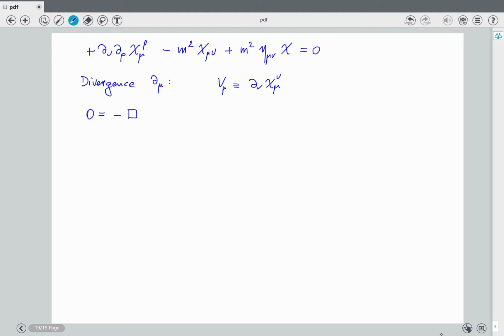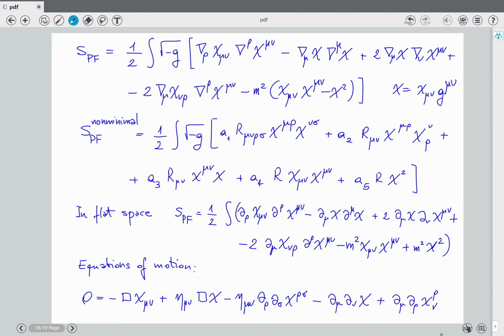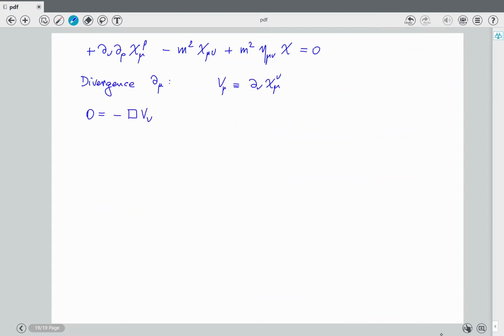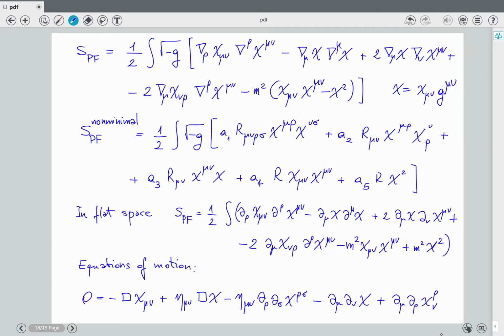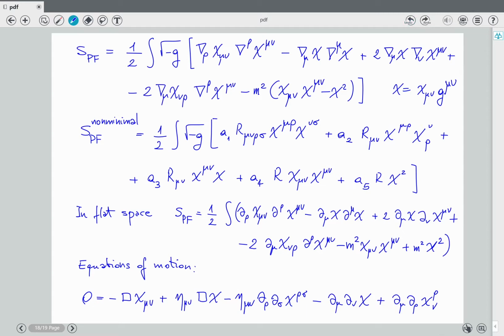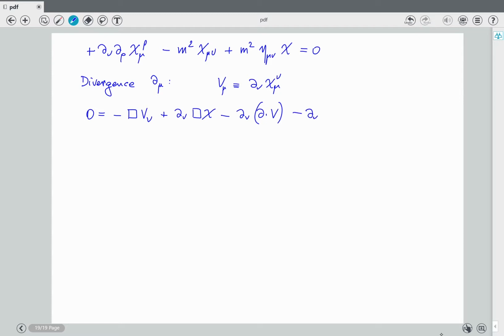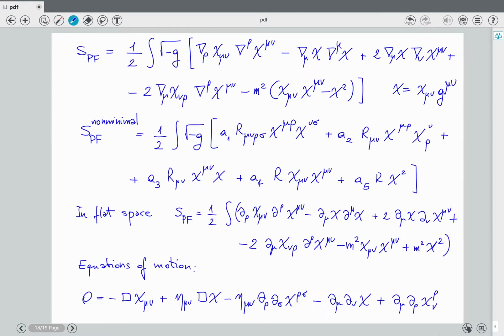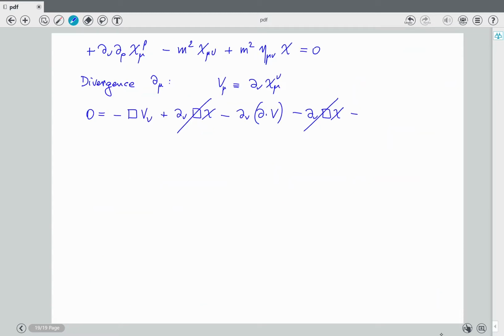So for example, here we have minus box V nu, plus del nu box chi, minus del nu of the divergence of V. Double divergence of chi is one divergence of V. Minus box del mu chi, which cancels, this is the first term that cancels something, plus box del rho chi rho, plus box V nu, which cancels the other one. So now we get to do these three things.